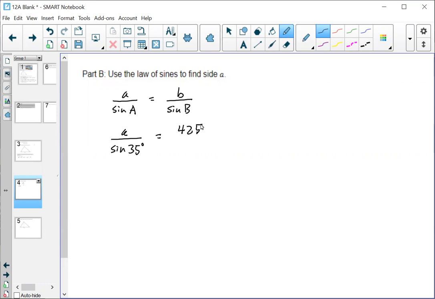And I'm just getting these numbers off of the diagram from the previous screen. And then sine of 100 degrees.